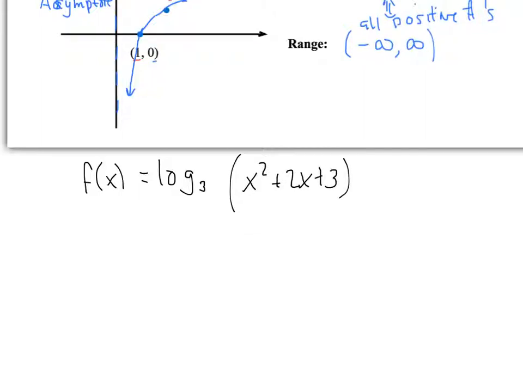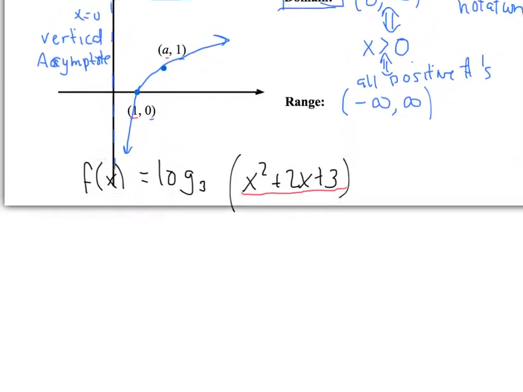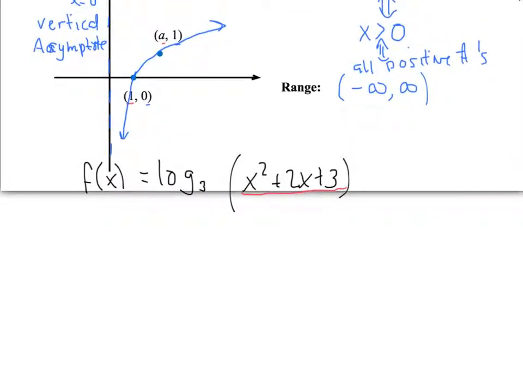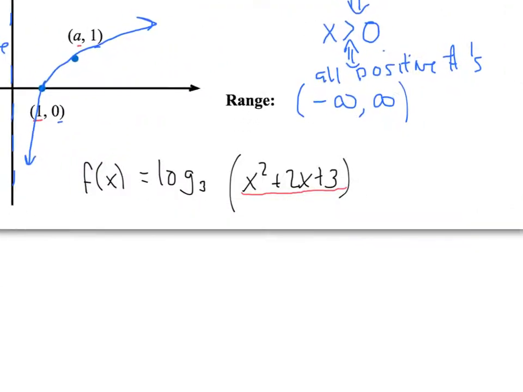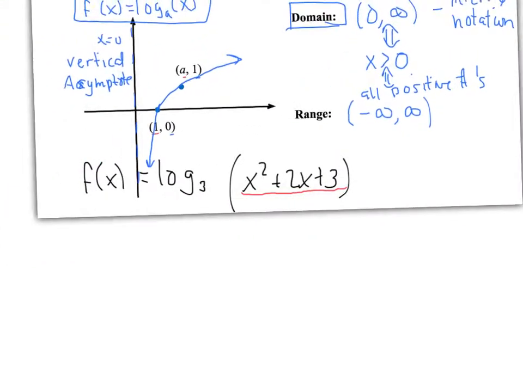When I want to find the domain, we have this input here, this expression, and from the observation I have up here, that the domain is all numbers that are greater than 0, we're going to take this x squared plus 2x plus 3 and make it greater than 0.